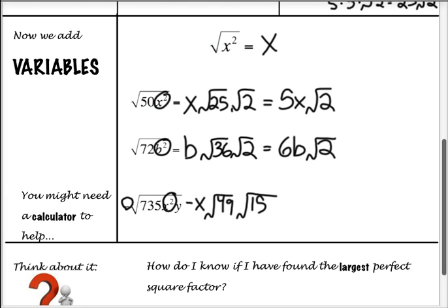Now notice the y. Okay, that y does not have a squared. So what that means is that y actually does not come out. That y has to stay inside the radical. All right, so when we're piecing this together, the square root of 49 that we pulled apart becomes 7. So outside the radical, we have negative 7x. But then stuck inside is the 15y, the pieces that could not come out of the square root.